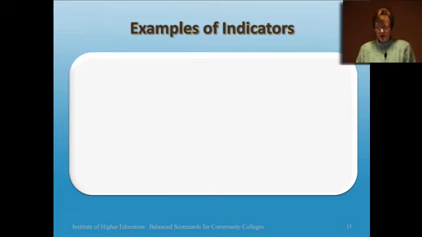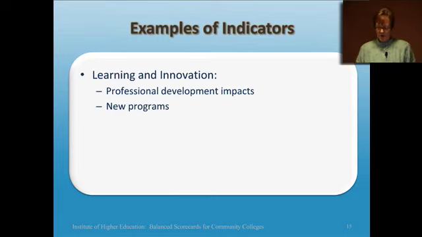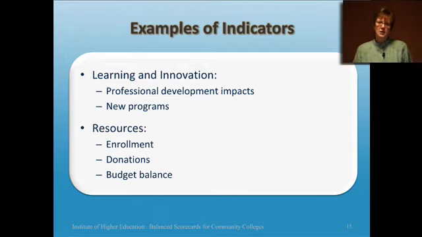Some other examples include things like the impact of professional development or new programs that have been put into place. And resources, of course, may include things like donations or the grants that we might get to support the work that we're trying to do, and so on. These are only suggestions. You may want to look for other categories and other indicators that are relevant to your institution.